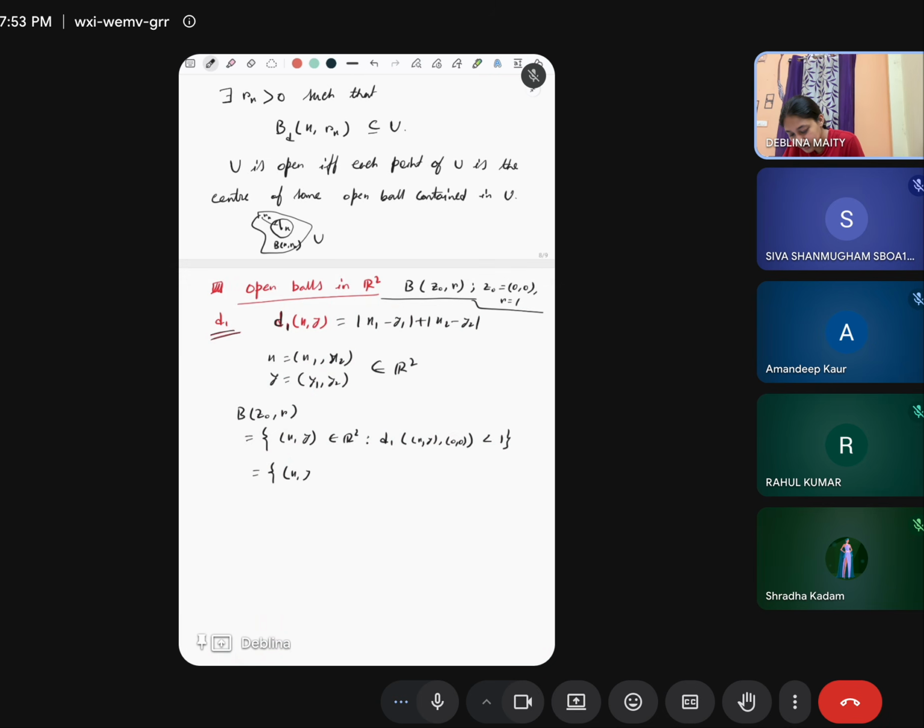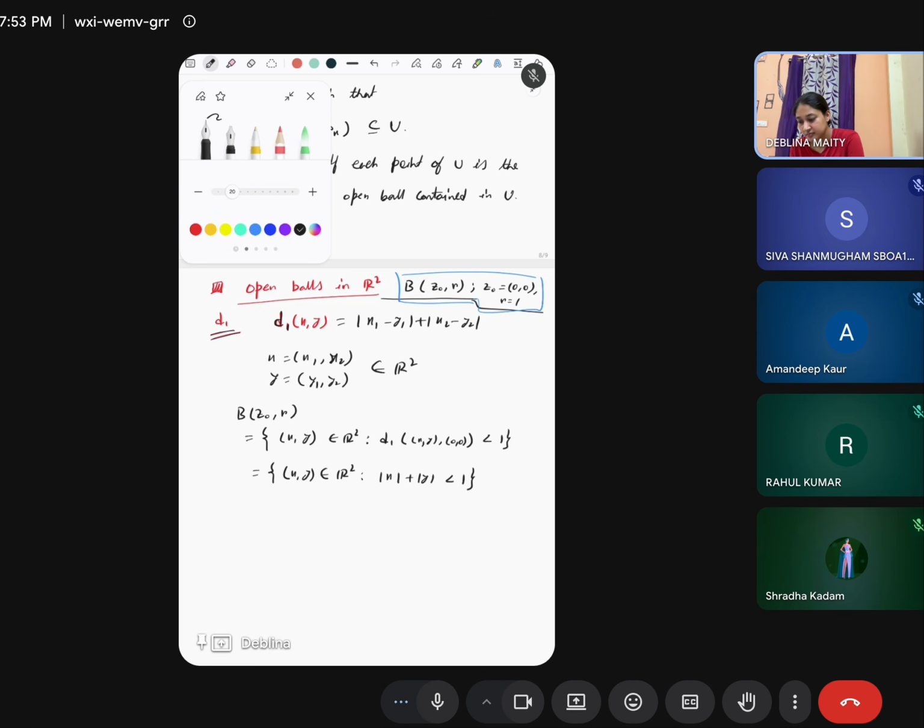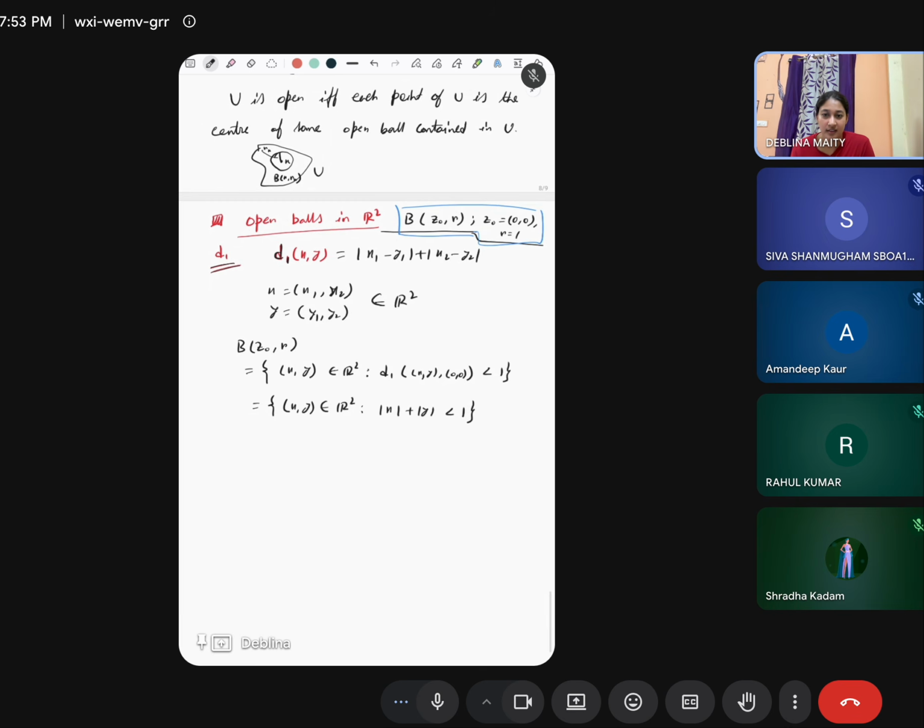So it is all (x,y) in R2 such that |x| plus |y| is less than 1, because z0 is the origin and r is 1. So B(z0, r) here is this set.